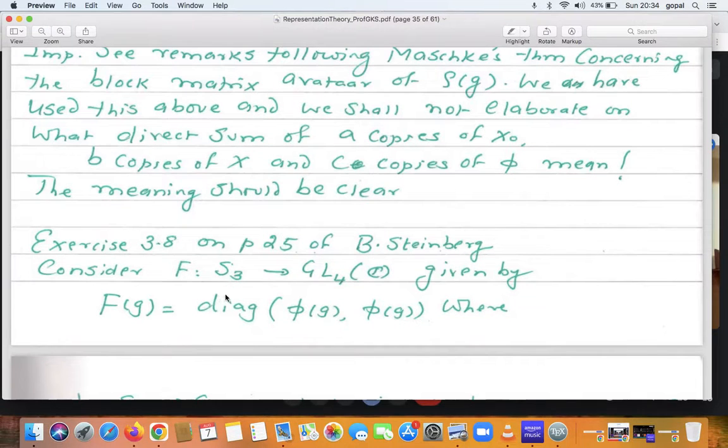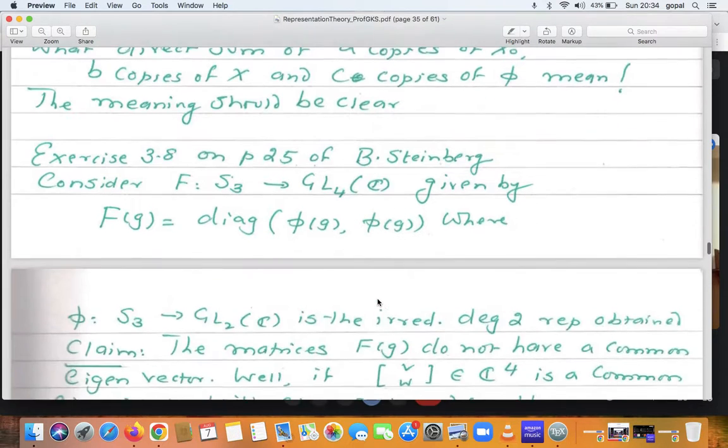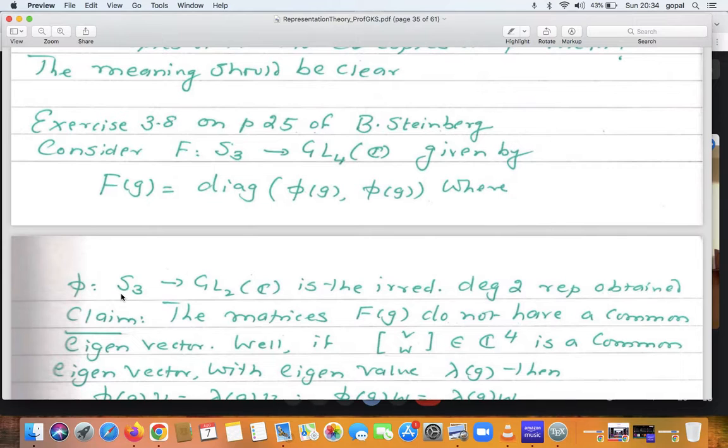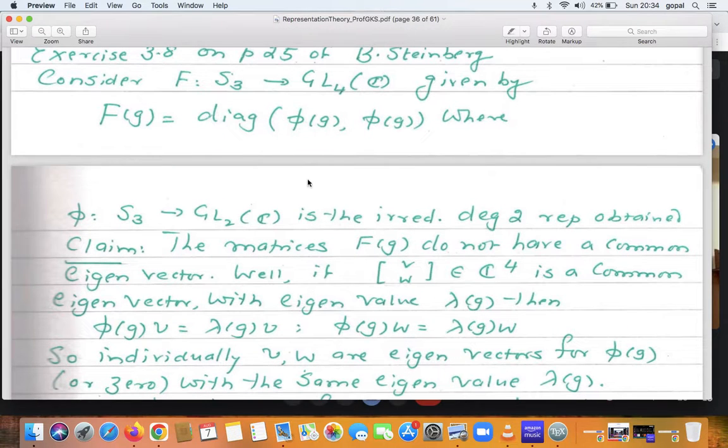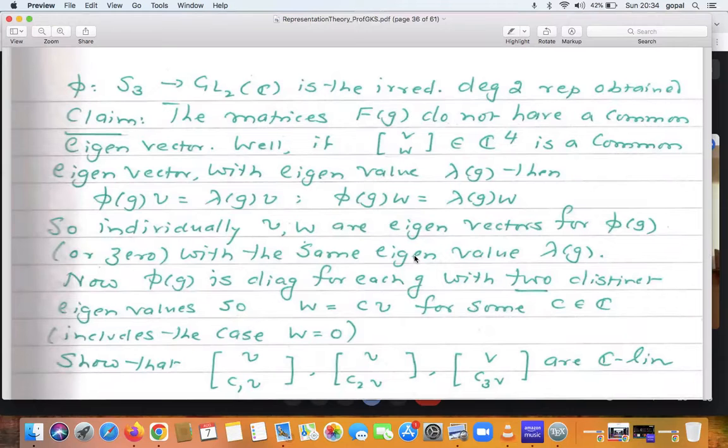And then we get this exercise 3.8 on page 25 of Steinberg. Consider the representation from S3 to GL4C. Remember, we had a two-dimensional representation of S3. You just string them together, the same representation, two copies of it. This is a two-dimensional representation, and I took two copies. Prove that the matrices do not have a common eigenvector.